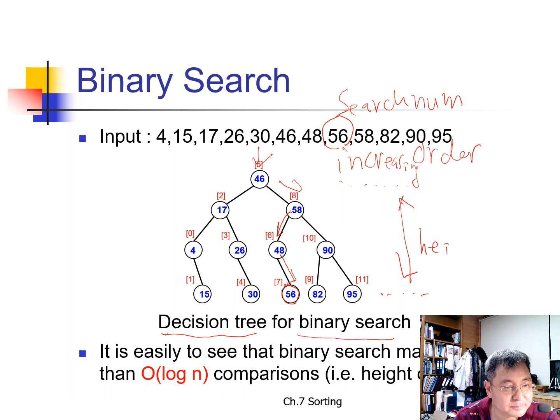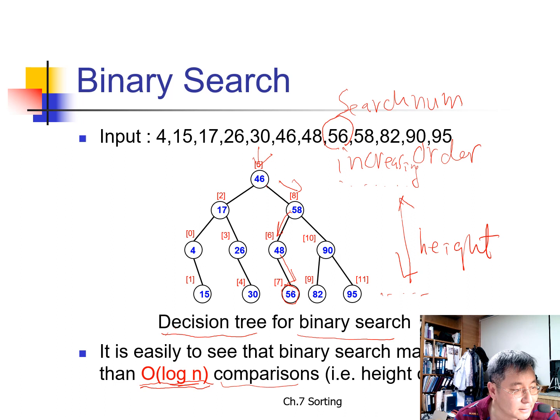That is the same as the height of the tree. So we can understand that in order to find the search num using this binary tree, the necessary number of comparison calculations is big O of log n.